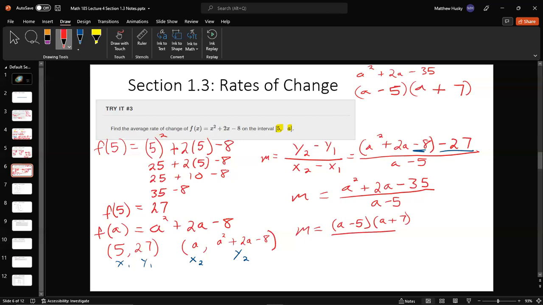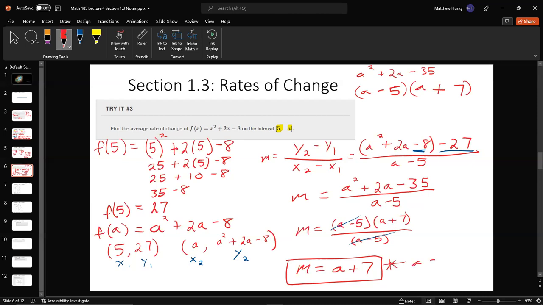And then what you will notice is that you've got a minus 5 down here, which means that can cancel out with that. So it turns out the rate of change is just a plus 7. With the caution that a cannot equal 5, because if you put in the value of 5, this would give you 5 minus 5, which is 0.